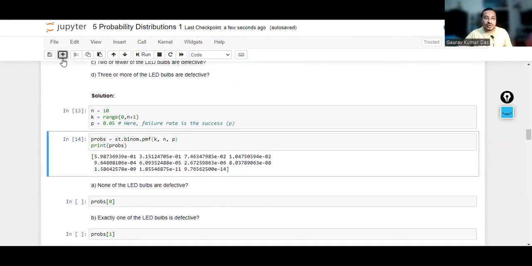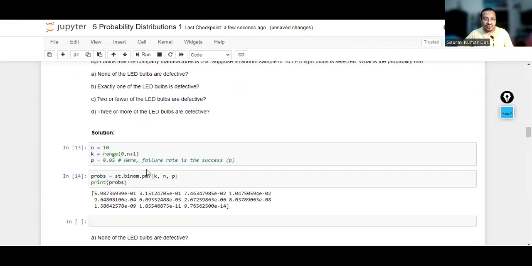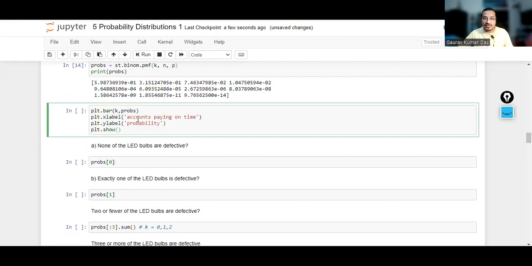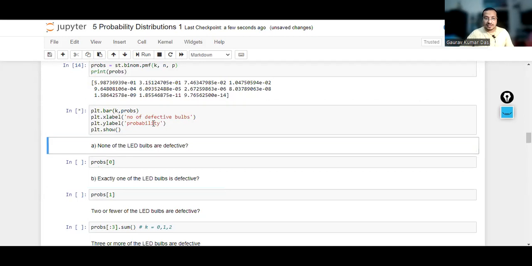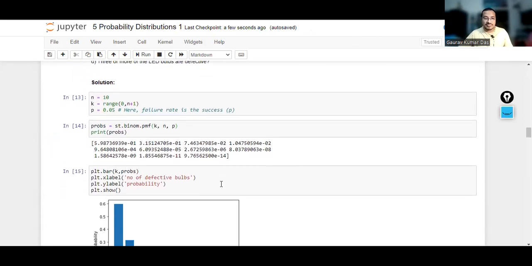And if I want to plot, I can simply copy and paste the entire code from here. This will be the number of defective bulbs, and this is the probability. This is the probability distribution of defective bulbs.